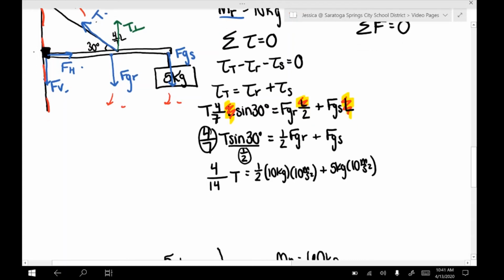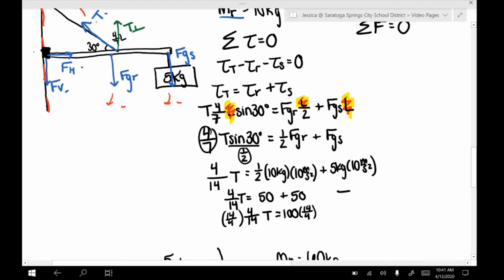Okay, so this is 4/14 T. 1/2 times 10 times 10 is 50. Plus 50. So 4/14 T is 100. I'm going to multiply by 14/4. That's a fun fraction.